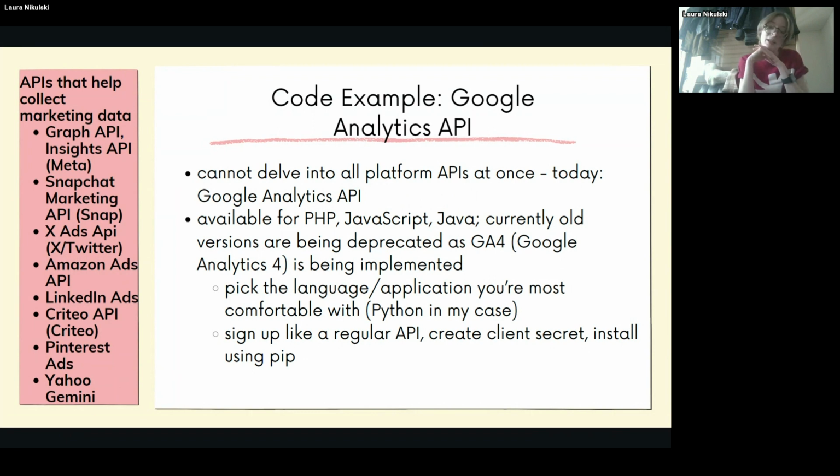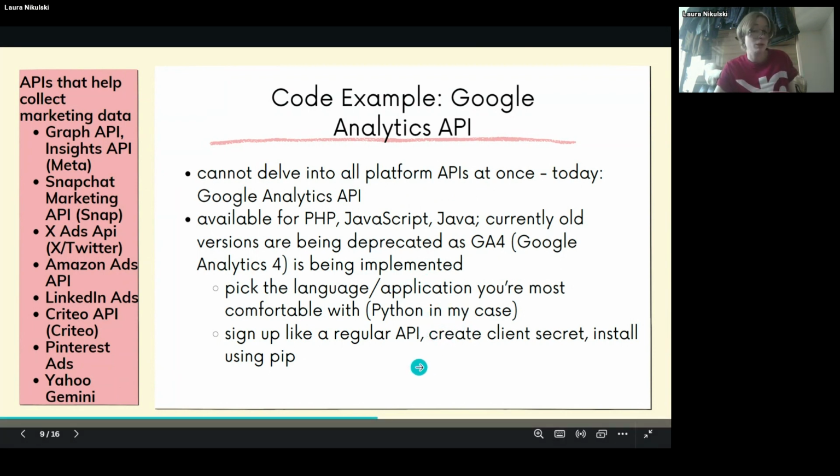When I looked up the documentation, it's available for PHP, JavaScript, Java, and also Python. And it looks like Google Analytics is currently being phased out. However, there is something called Google Analytics 4, which is currently being implemented. And in my case, I just picked the language that I'm more comfortable with, which is Python.